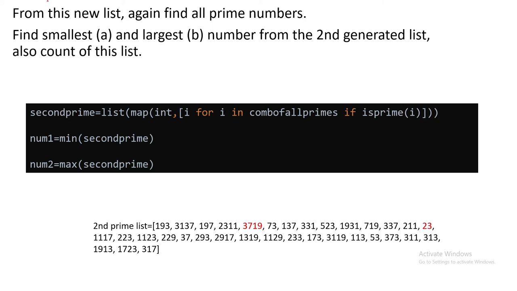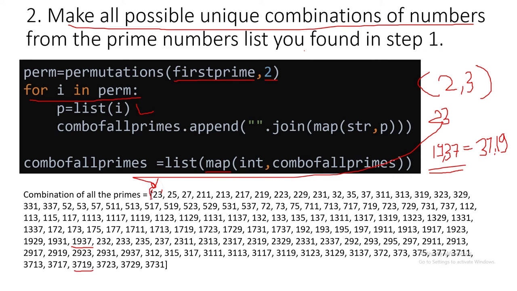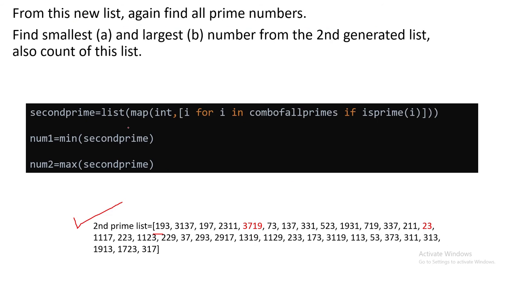The next step is to find a second prime list like this. Okay, second prime list, you can see in here, consists of all the primes from this list. Now 315 is not a prime, so we will not include it.